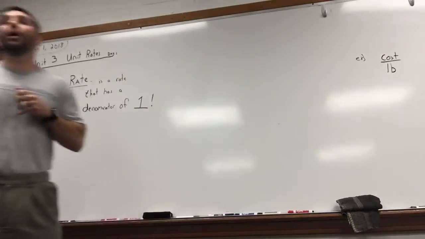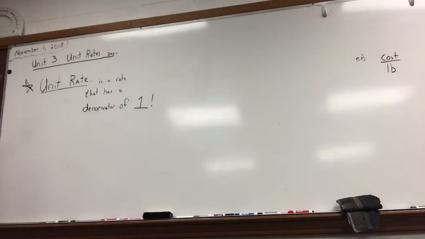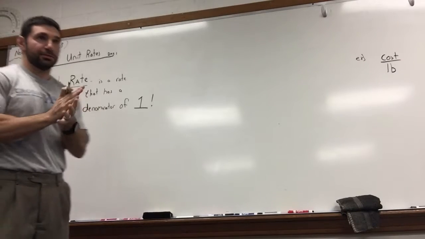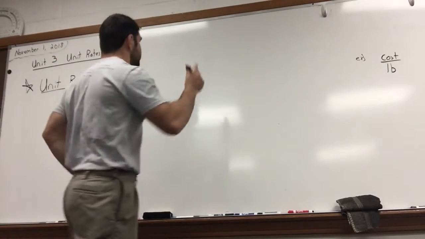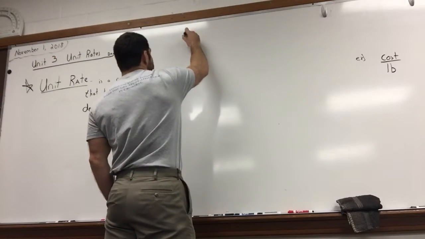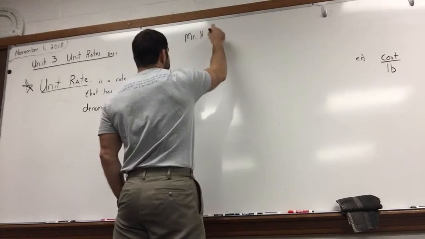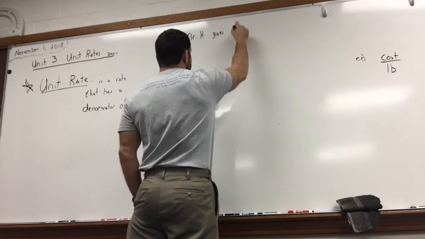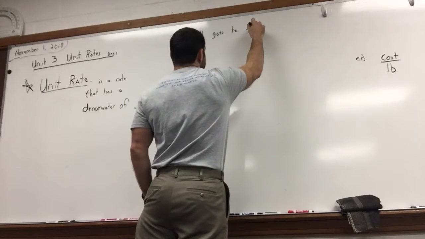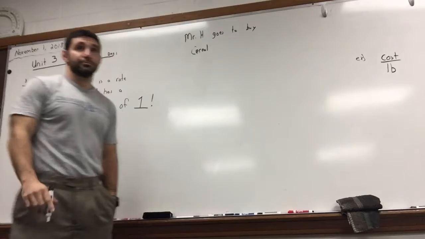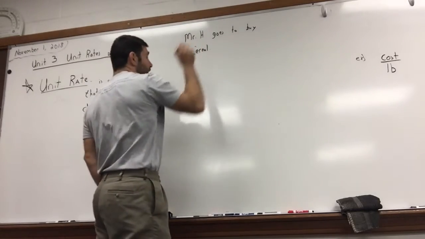Okay. So what are we going to see with unit rates? We are trying to figure out what one thing is. Okay? So watch what we're going to do here. It's going to be more of a word problem to start. Mr. H goes to buy cereal. Ashley and I love eating cereal.